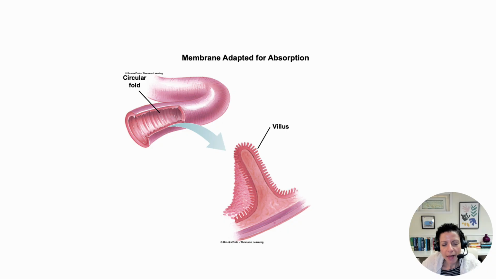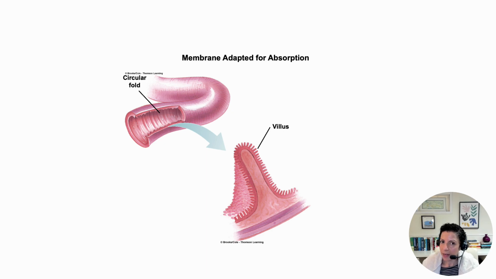So obviously the brush border membrane, the membrane of the mucosal lining of the small intestine, is highly adapted for digestion. It literally has digestive enzymes embedded in the membrane. But it's also highly adapted for absorption, and one of the aspects that helps is the expansion and maximization of the surface area available for absorption.